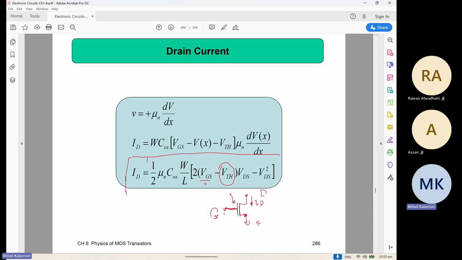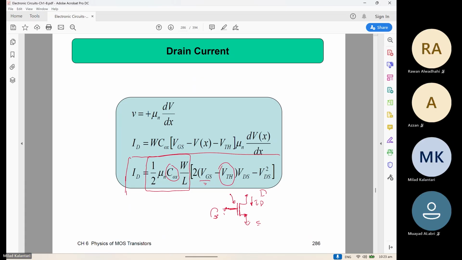And as you see here, there are some factors related to the physical size of the device. This Cox is telling how much is the oxide, that insulator part, the density of the cap between the channel and the gate.